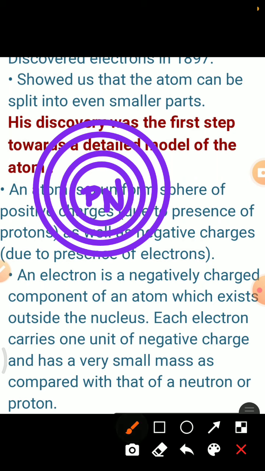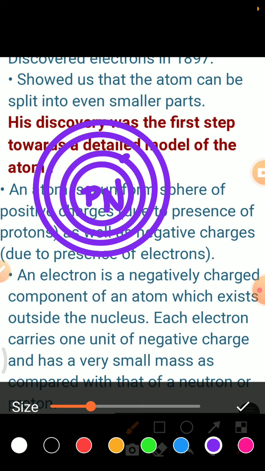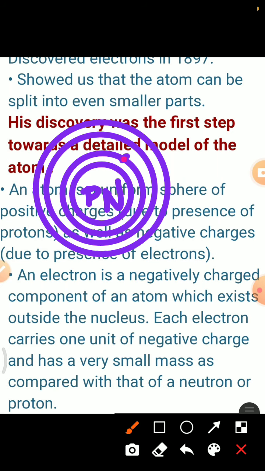These in pink color are electrons, and there are many types of chains like this.